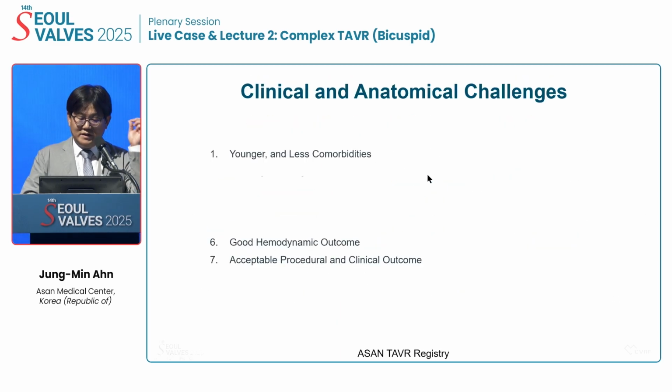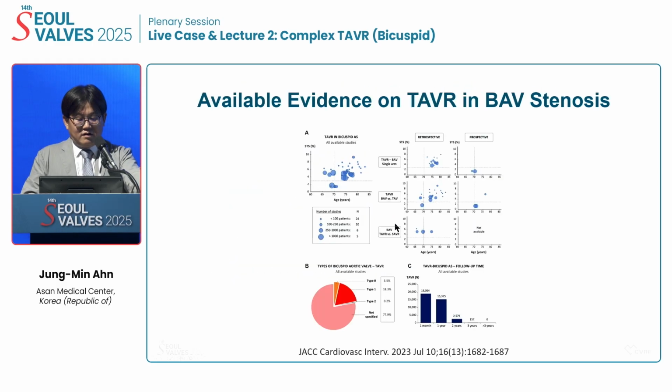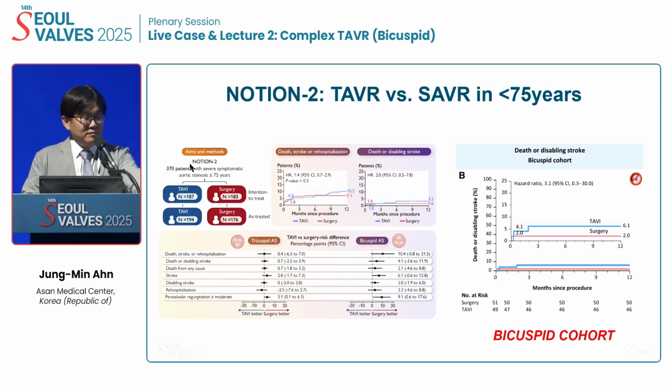But the problem that still remains is the long-term clinical outcome, and the clinical data is very limited. In the Notion 2 trial, they enrolled a younger population, less than 75 years old. They enrolled 370 patients, one third of whom had bicuspid aortic valve.